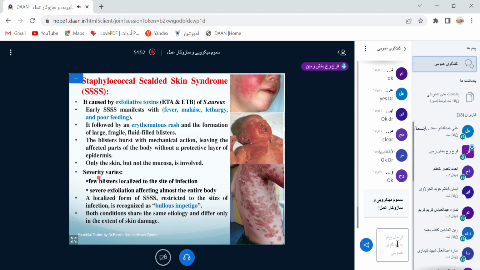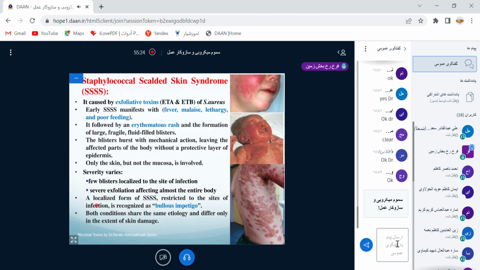Severity of disease varies. A few blisters localized to the site of infection, but in severe exfoliation almost the entire body is involved. So sometimes a few blisters in one place, sometimes all over the body.